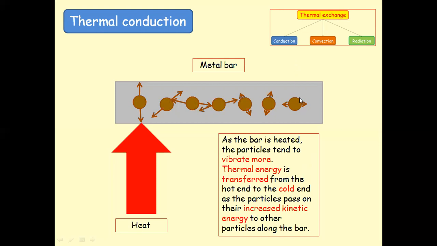then as well to all molecules until thermal energy reaches the cold part on this side. This is the way to transfer heat through solids. So as you see, the thermal energy is transferred from one molecule into the adjacent or neighbor molecule, then as well to the next one, then the next, until all the energy is transferred through the metal bar.